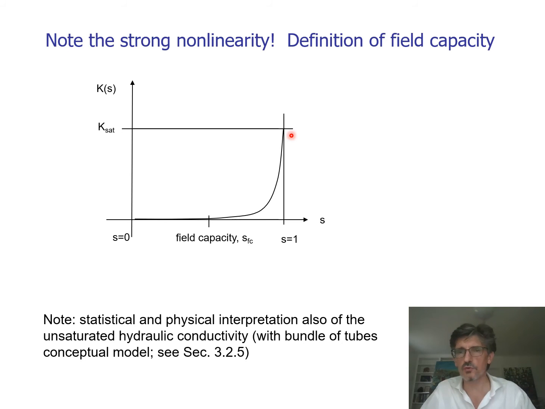If you want to see a conceptual model for this behavior, linked to laminar flow of water in capillary tubes in the pore spaces of the soil, read section 3.2.5 of the notes.